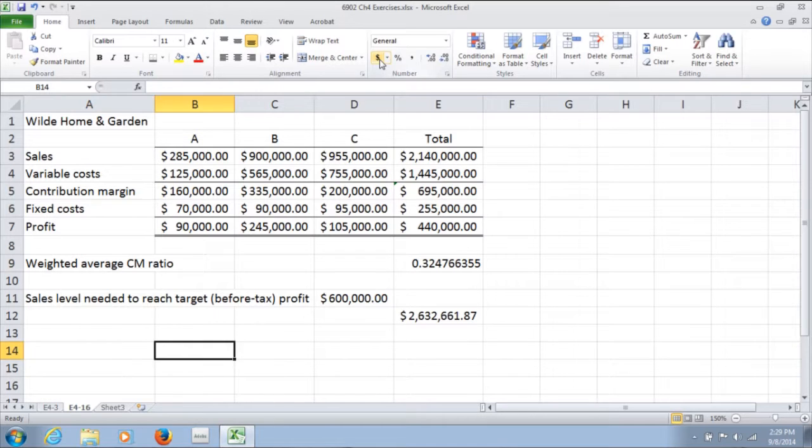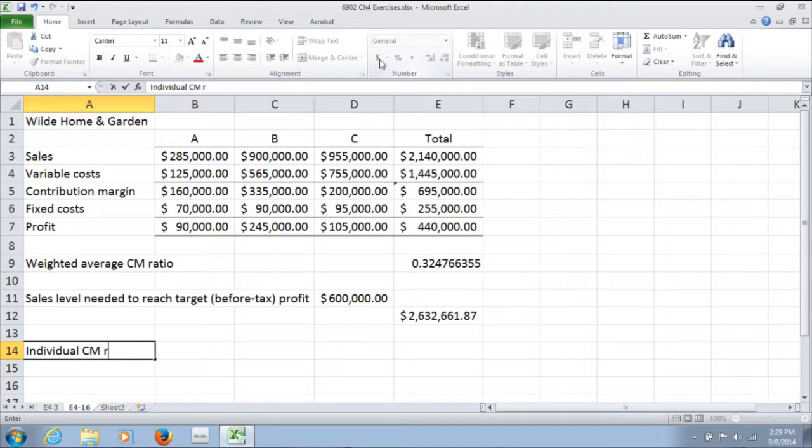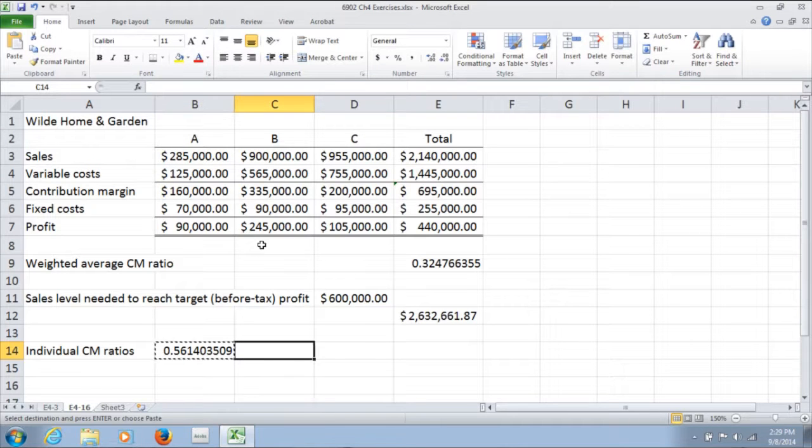So one thing we could do is look at the individual CM ratios to see where we might generate the greatest bit of benefit. So if we take for Department A, 160 divided by 285, we get just over 56%.